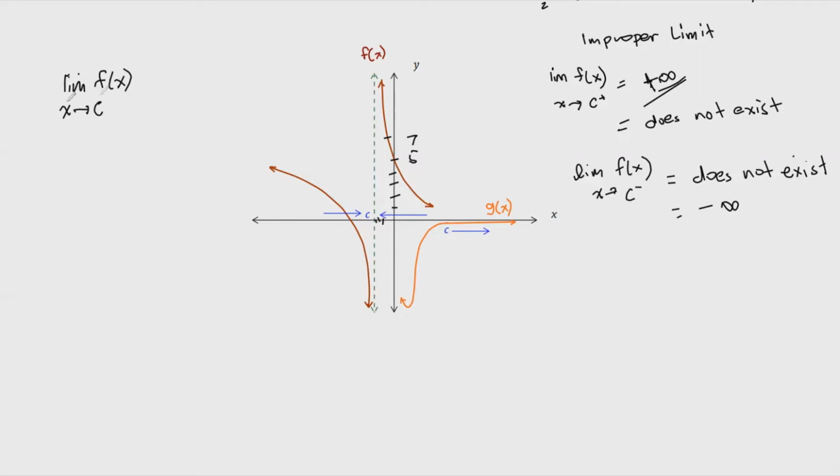And to be able to solve for this, the values of the right and the left hand should be the same for me to give an answer for this limit of f of x. In this case, the answer should be does not exist because they are technically the same.